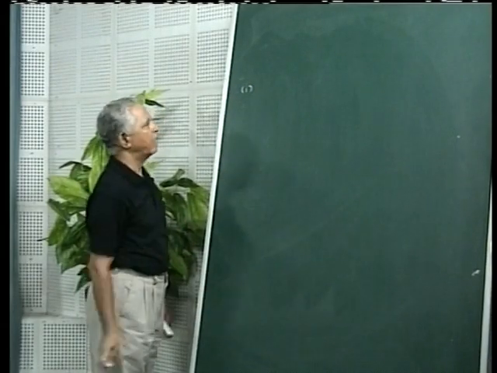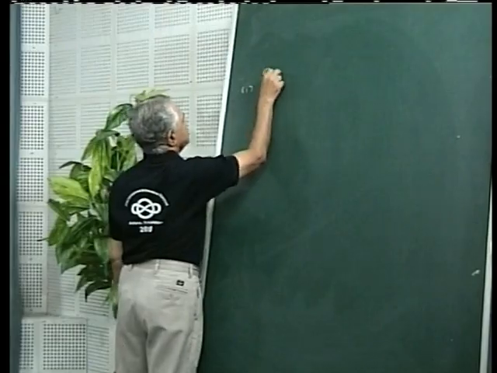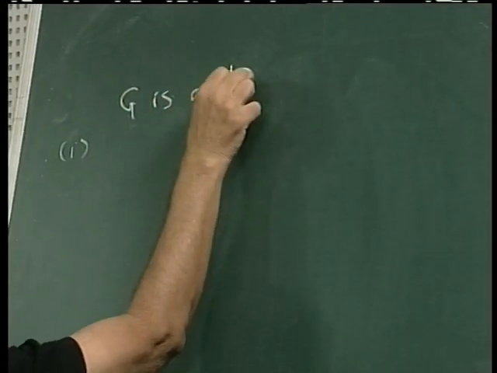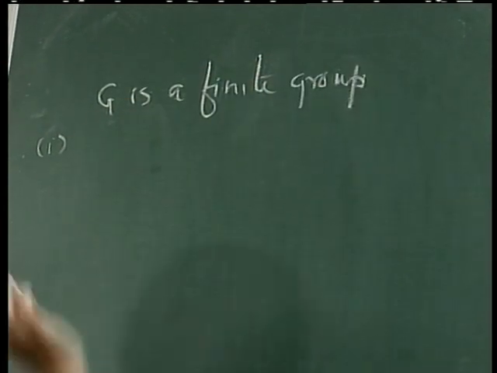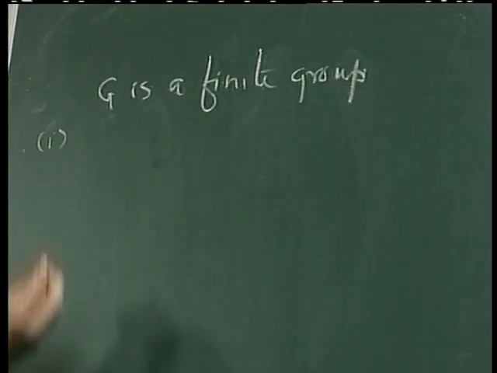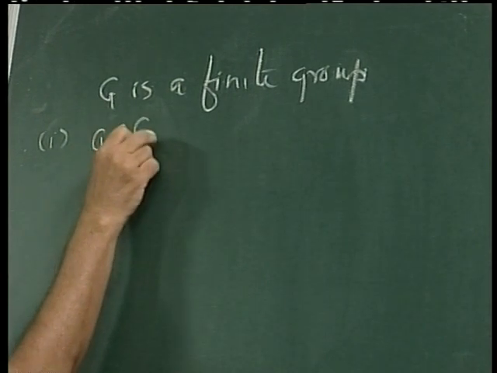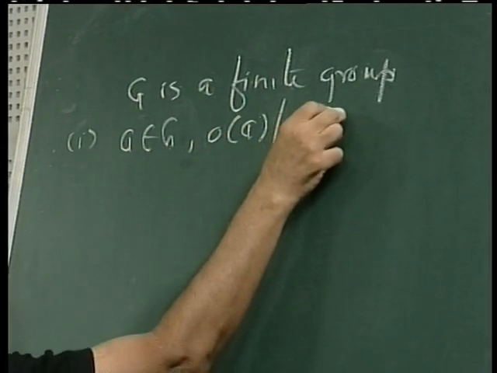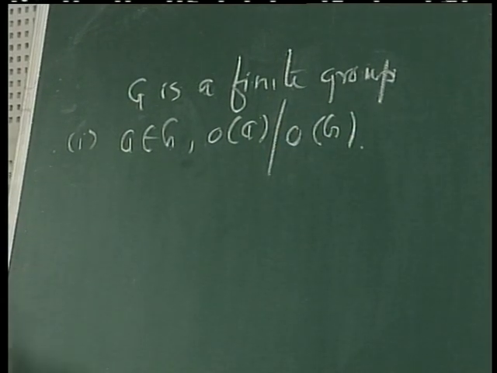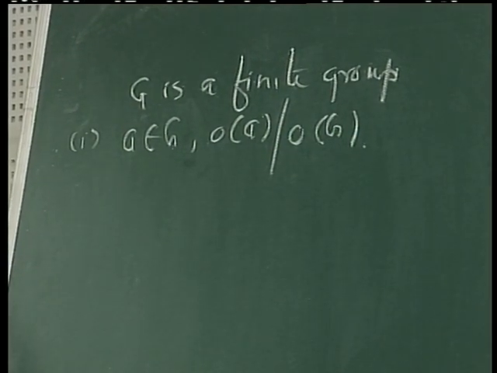Now we state some of the important applications of Lagrange's theorem. The first is this. We assume that G is a finite group. For element a belonging to G, what we get is order of a divides order of G. The proof is very simple here.